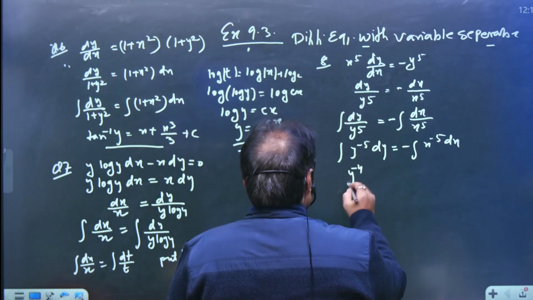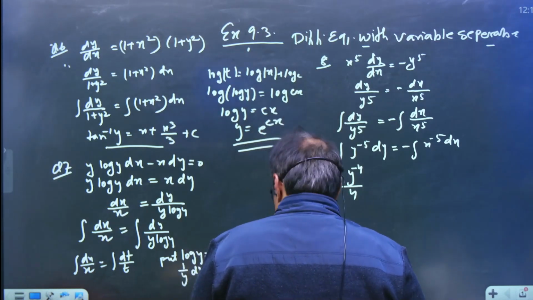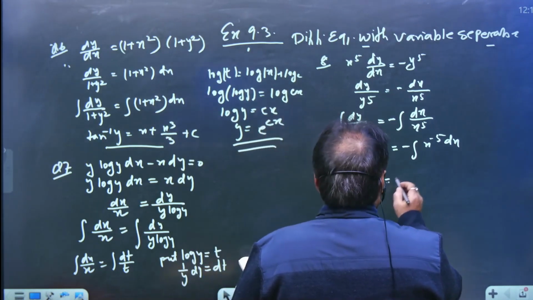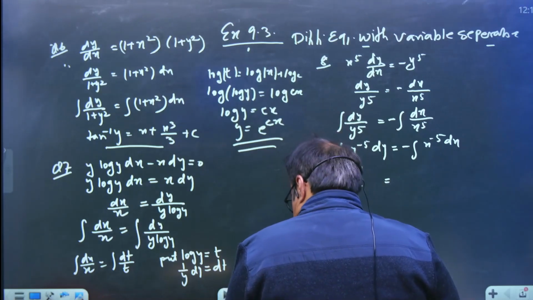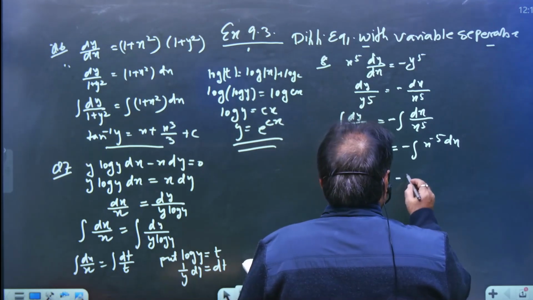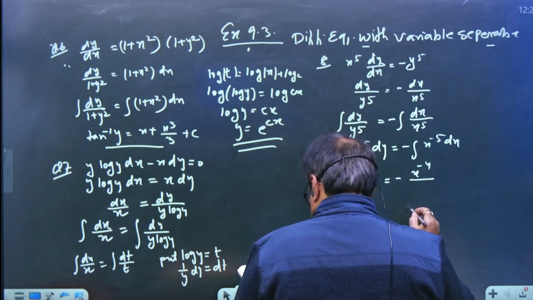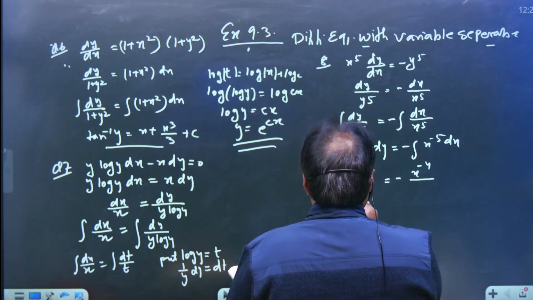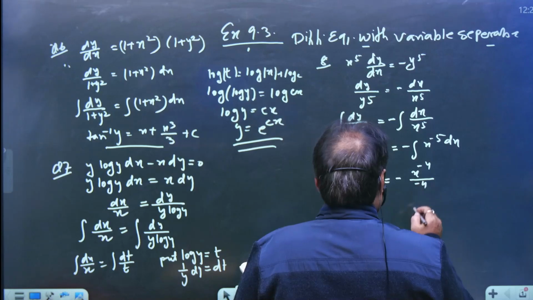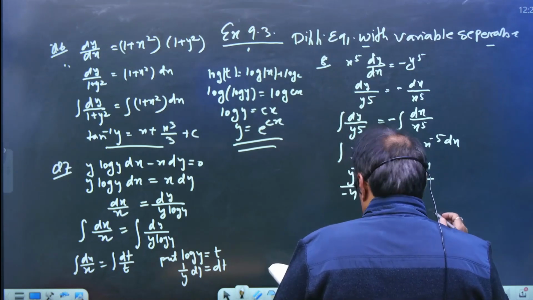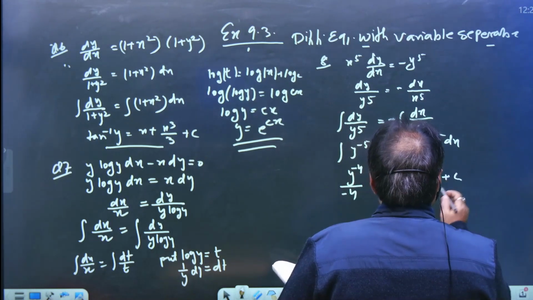So y minus 4 upon 4. And this will be equals to minus x raised to minus 4 upon minus 4. And this is plus c.